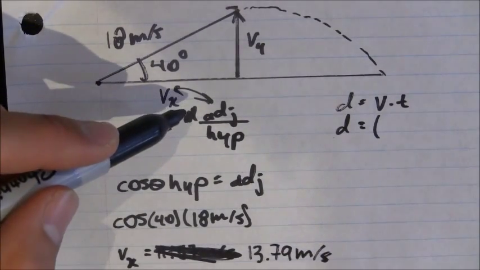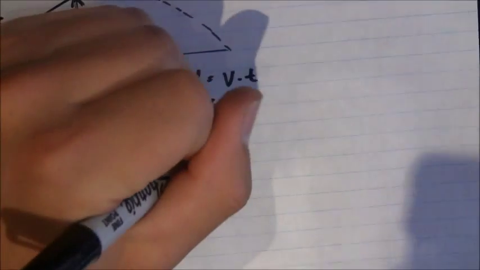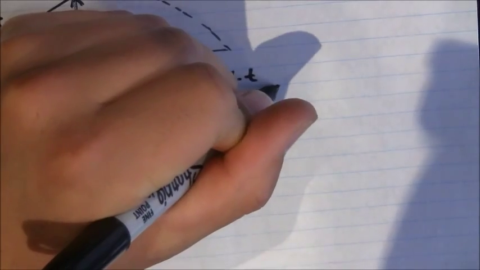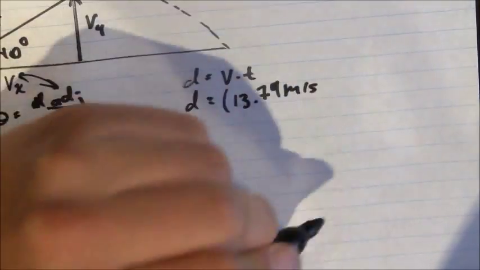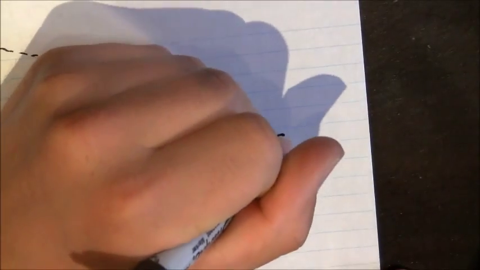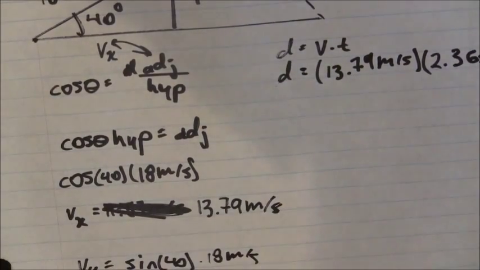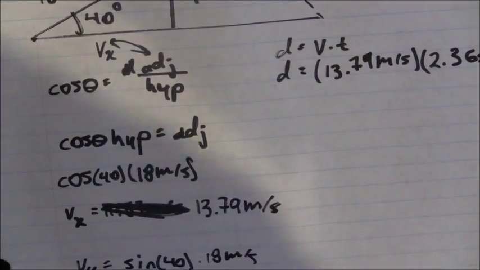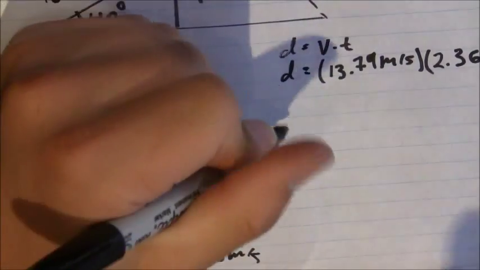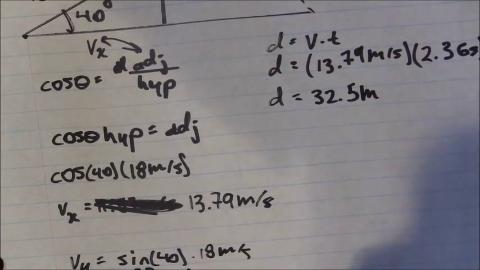We just look at the horizontal component velocity, so that was 13.79 meters per second times t, which we just figured out was 2.36 seconds, because that's how long it'll be in the air for. So our distance will be around 32.5 meters. And that is how we solve range.